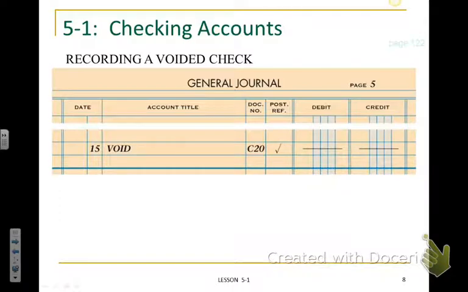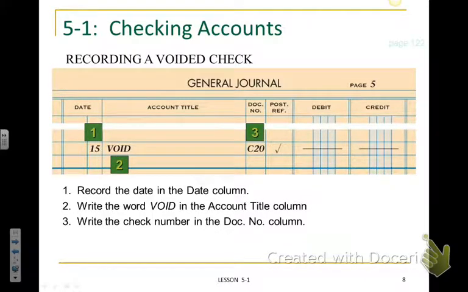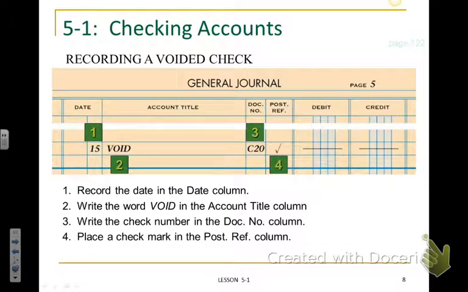We would put the check number, and then we would indicate that no funds were taken out. And then we would put a check in the post reference column because we're never going to post that void check to our ledger. There would be no impact in our ledger.